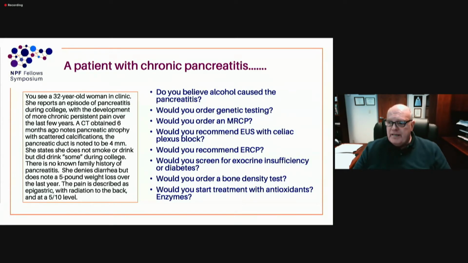Would you order a bone density test? Would you start treatment? And if so, what would you start treatment with? A gabapentinoid, an opioid, an antioxidant, enzymes? These are all clinical questions I think each of us faces when we see patients like this. And again, sometimes we don't know the answers to these questions. Next slide.